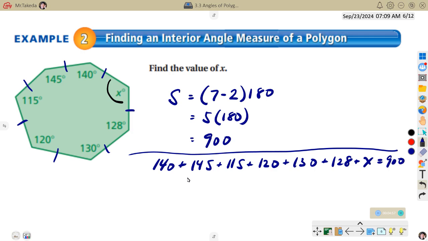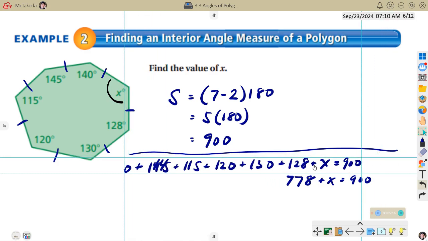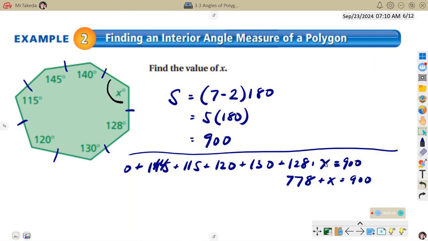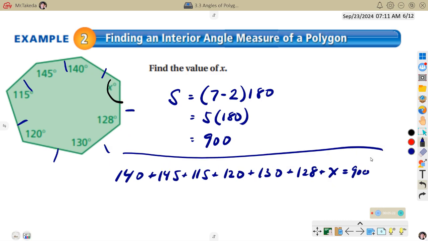Let's see. So I'm going to add all these up, and I get 778 plus x equals 900. Let's see if I can bring this over here. Oh, sorry about that. I fixed it here.